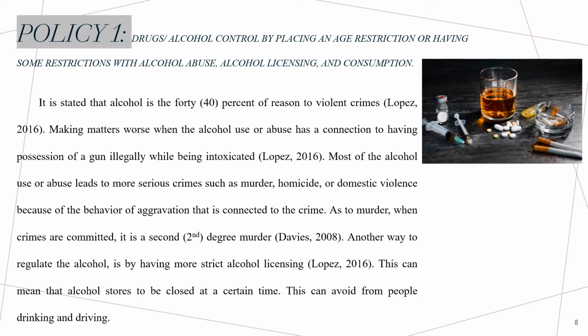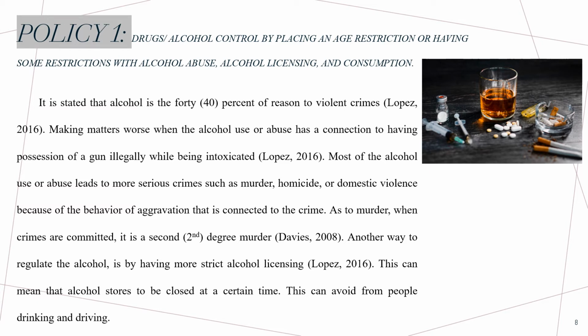We will now be discussing policy number one. This is all in relation, again, to the different types of socioeconomic areas. Policy number one is alcohol and drug control. The only way that we can actually have some type of control here is by placing an age restriction, having some restrictions with alcohol abuse, alcohol licensing, and consumption.